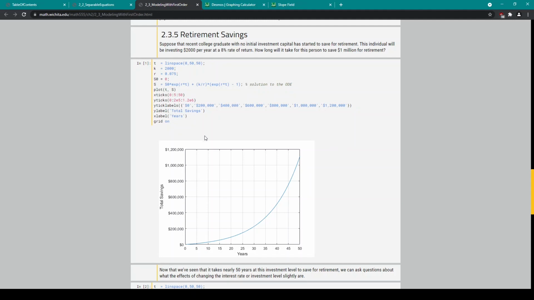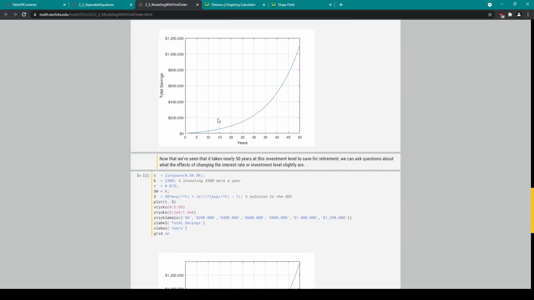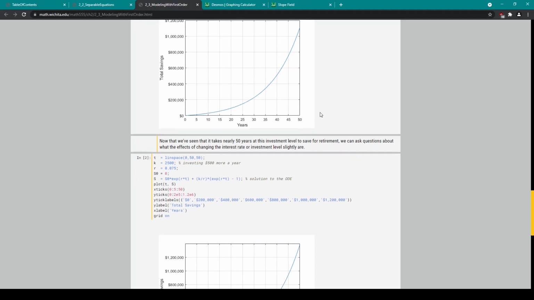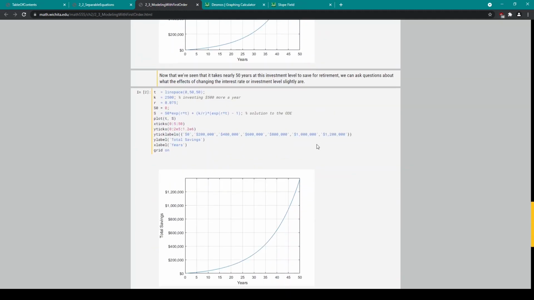So MATLAB is used to do these computations, and the idea is that we want to show some different curves for total money that you would have after saving for a number of decades, based on different starting values and how much money you can afford to put away every year. So more or less a demonstration of the power of exponential growth.